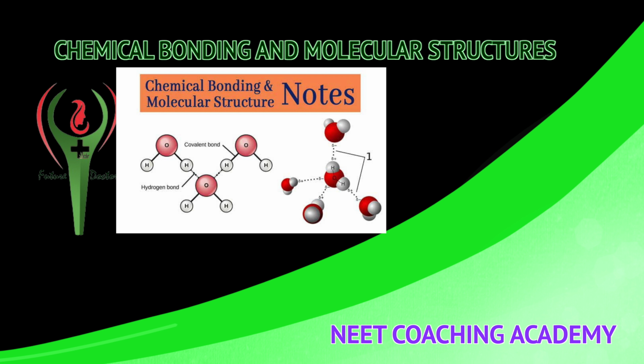So now we are going to put the shared pair of electrons between each carbon and oxygen, and then we are going to complete the octet. So as we have already told, there is a double bond between 1 carbon and oxygen. So above that carbon we are going to write 1 oxygen.